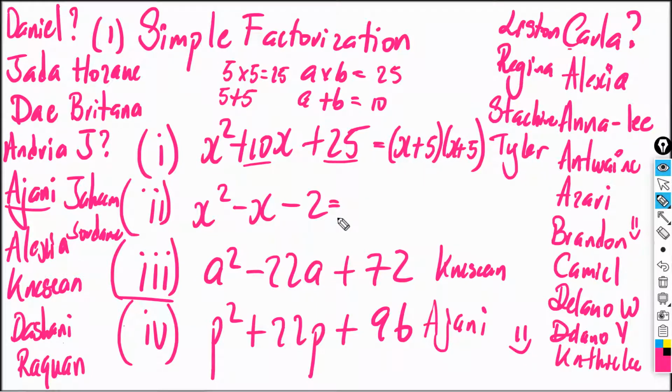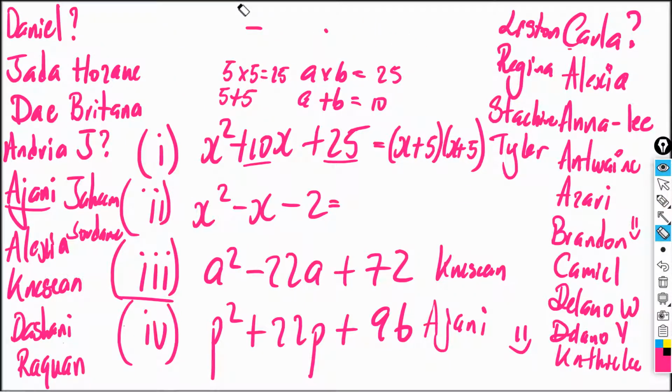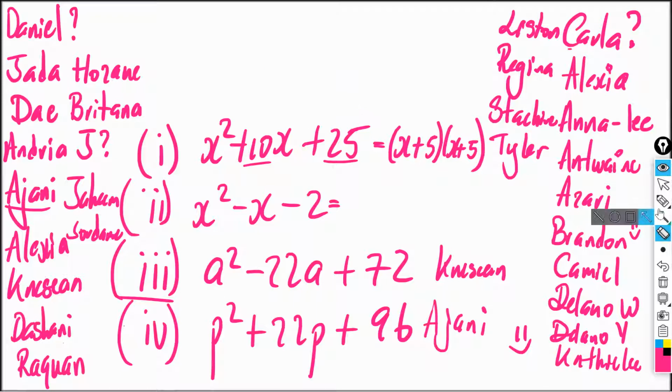Delano, my big friend, talk to me now for the second one. A positive 1 and negative 2. I'll give myself more space here. So let's solve it up here, Delano. We need 2 numbers that when you multiply will give you -2, the third number. But when you add them, you should get -1. That's a 1 in front of the x, guys.